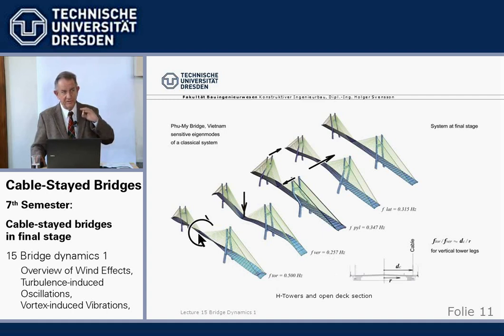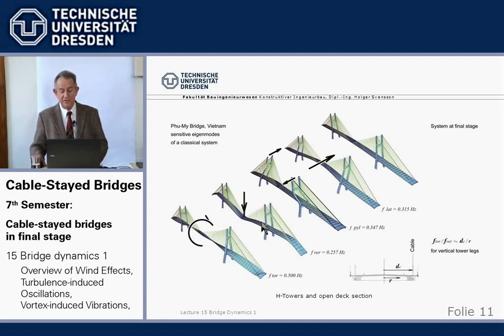and for the dynamic effects, motion-induced, maybe even more important, the torsional eigenfrequency, and especially the ratio of torsional frequency to bending frequency is important. We should have at least 2 or even more to make it safe.